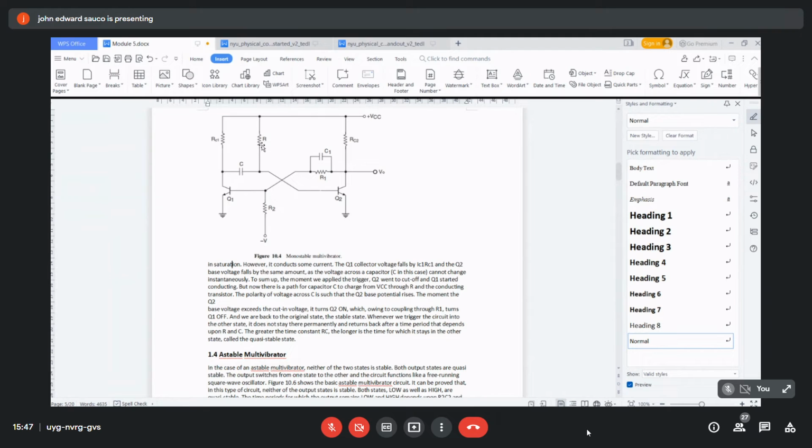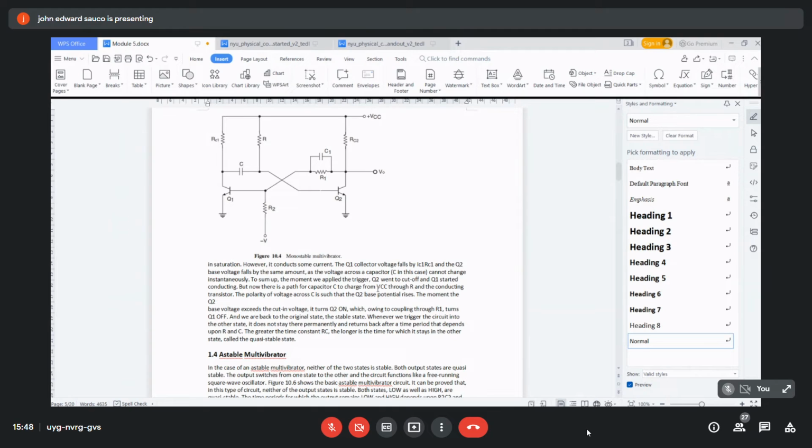Yun ngayon, habang nag-charge si capacitor ng ilang seconds, hanggang makuha na niya yung voltage para ma-cut in dito sa Q2, yung 0.7 volts, mag-o-on si Q2. So, yun yung time na nasa quasi siya, hanggang on si Q1, hanggang nag-charge. Yun yung time sa charging. Puno na to at nabuksan na ulit si Q2, nabalik na ulit siya sa stable state niya.